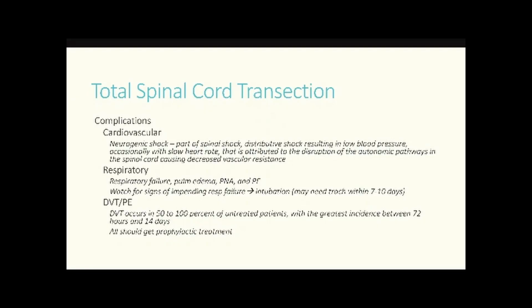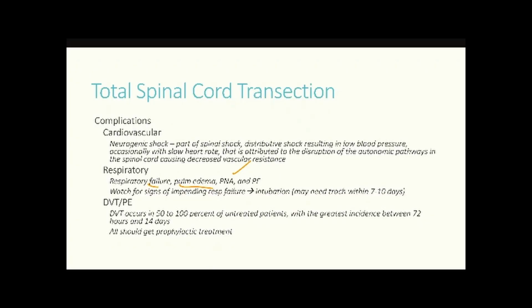Respiratory, watch out for respiratory failure. Pulmonary edema, pneumonia, especially aspiration pneumonia can happen very easily in these patients. Pulmonary embolism. What are these patients not going to be doing? Walking. So you have to worry about the next one, your DVT-PE prophylaxis. Any patient going into the hospital, in the back of your mind, think about clots. People go in the hospital, they don't move very much.